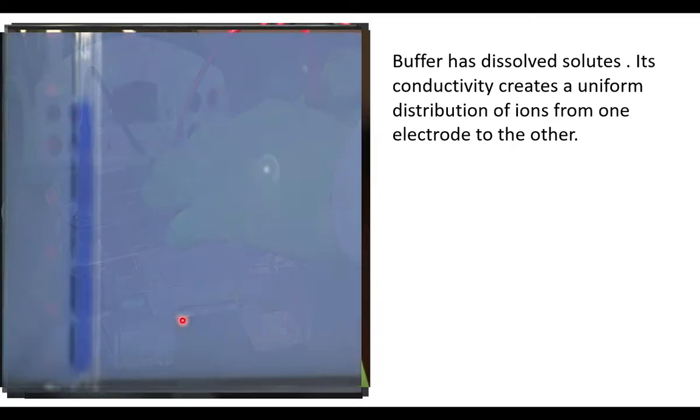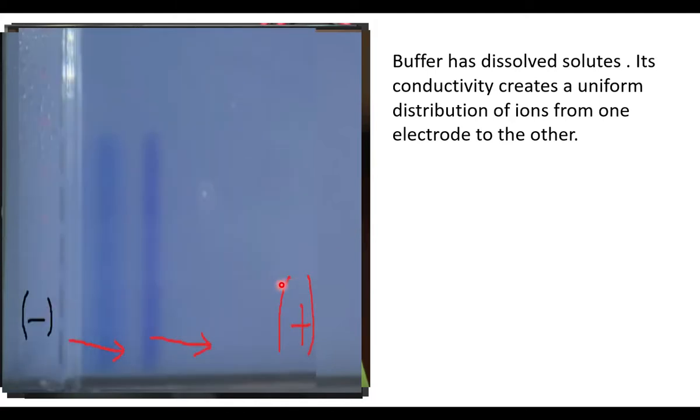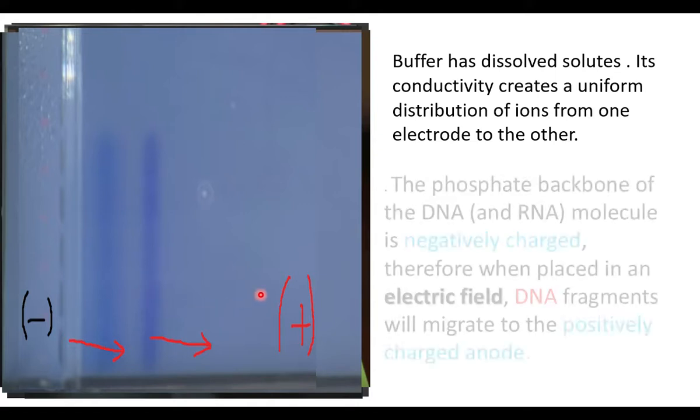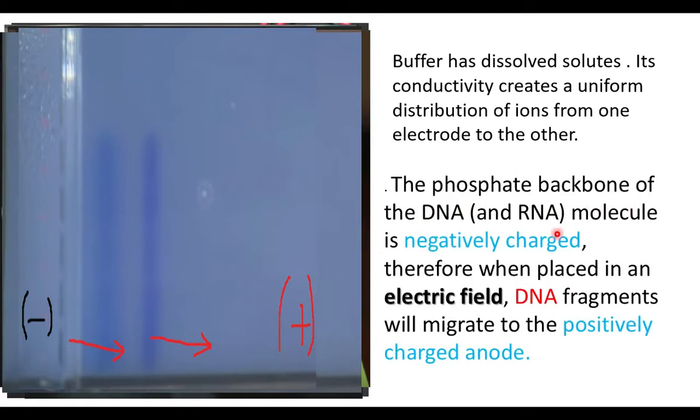When it is switched on, the DNA fragments start moving towards the positive electrode. The movement of DNA is seen as bands. The phosphate backbone of the DNA molecule is negatively charged. Therefore, when placed in an electric field, DNA fragments will migrate to the positively charged anode.